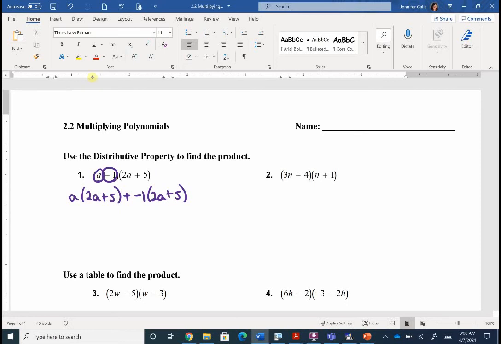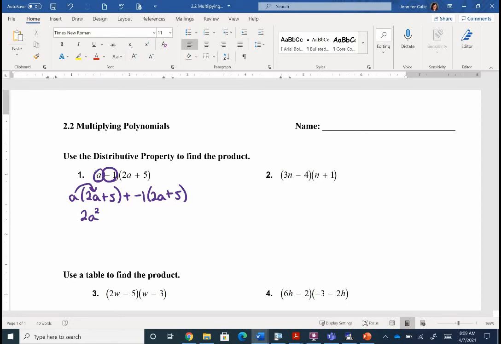Here's where our exponent properties come in. If I have an A times another A, what's my exponent? We're going to get an A squared. Remember, when you're multiplying, you have to add the exponents. I know yesterday when we were adding and subtracting, those exponents didn't change, but now we're multiplying. So it's like our last unit.